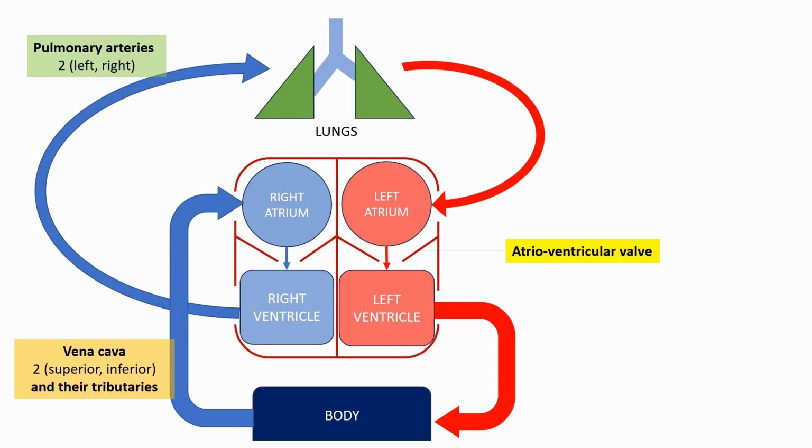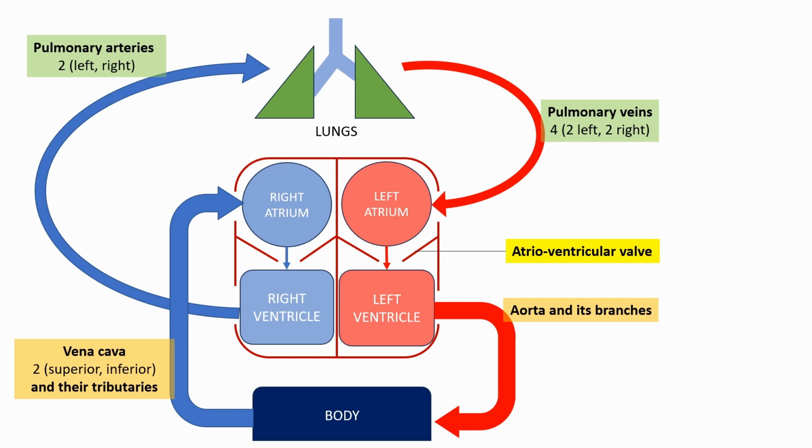There's a right pulmonary artery and a left pulmonary artery. The lungs return this blood through 4 pulmonary veins, 2 coming from the left lung and 2 coming from the right lung. And the left ventricle sends the blood outside through the aorta, which then divides into multiple branches that supply different parts of the body.